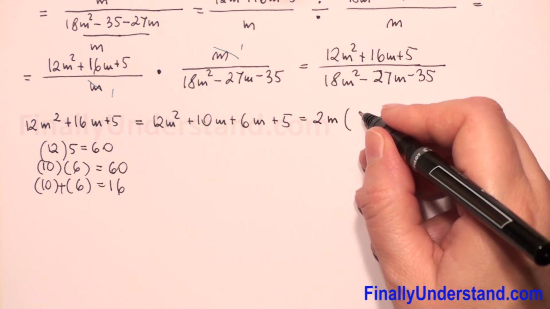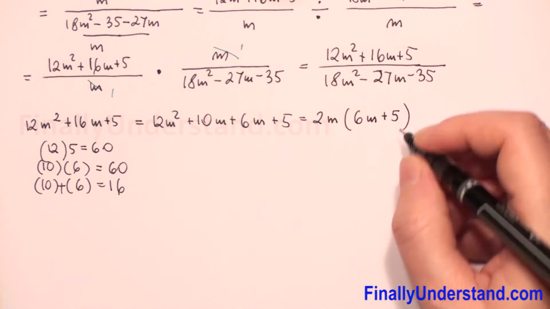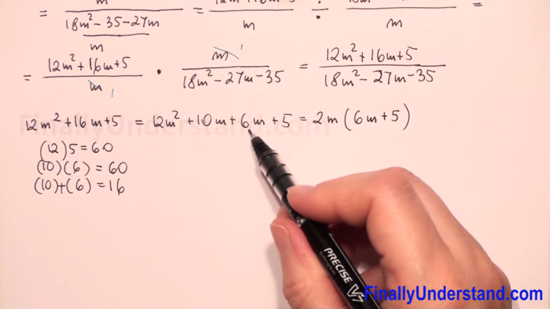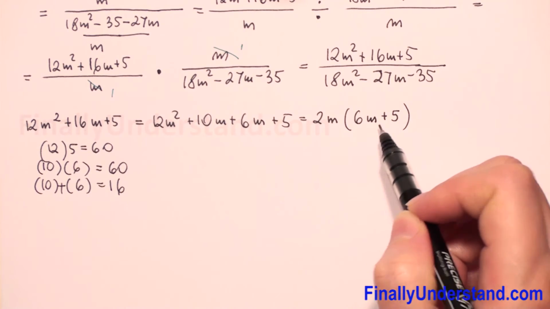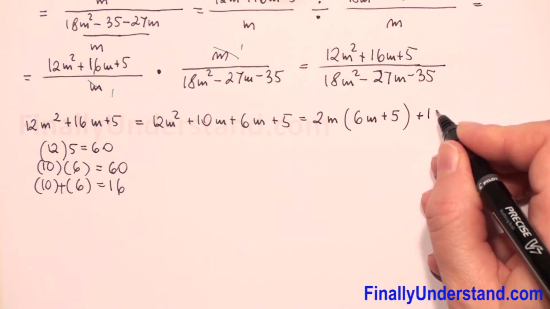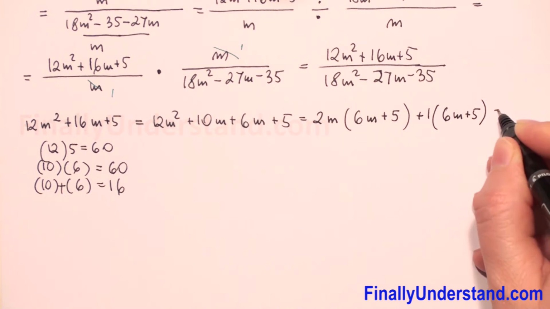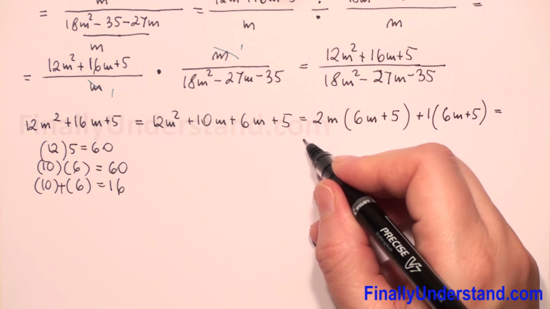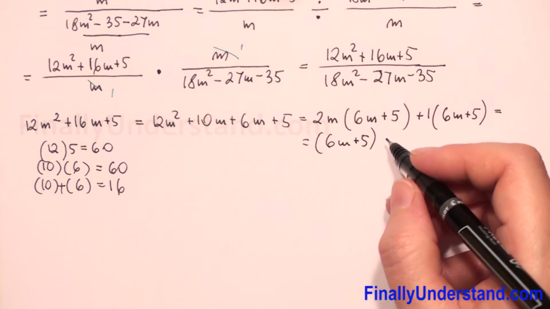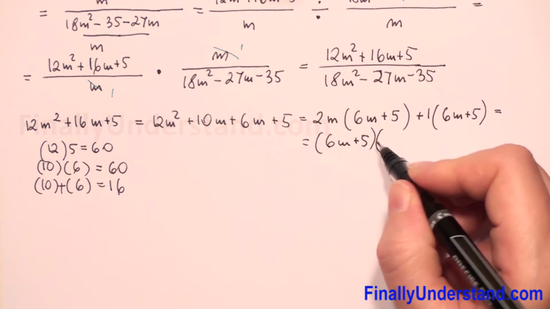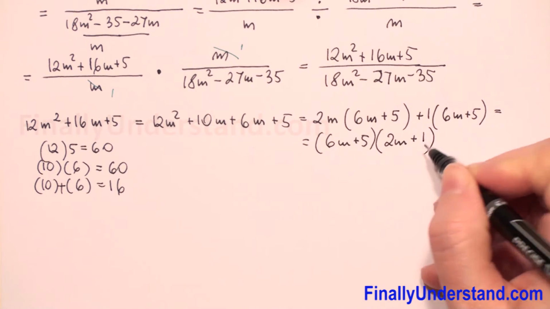So in parentheses will be 6m plus 5, and from the last two expressions we have 6m plus 5, exactly the same as what we have in parentheses. So I will factorize 1, so we will have in parentheses 6m plus 5. So now 6m plus 5 we can factorize, and in parentheses we will have whatever is left, so 2m plus 1.